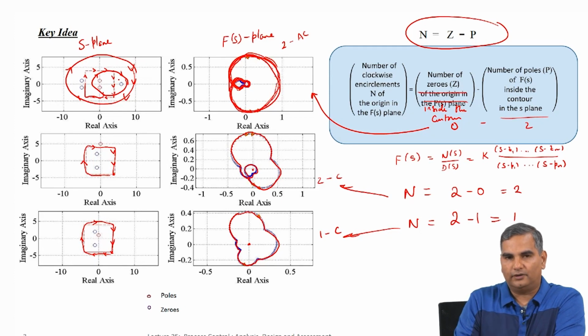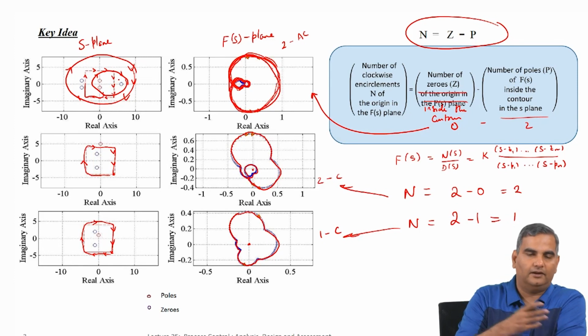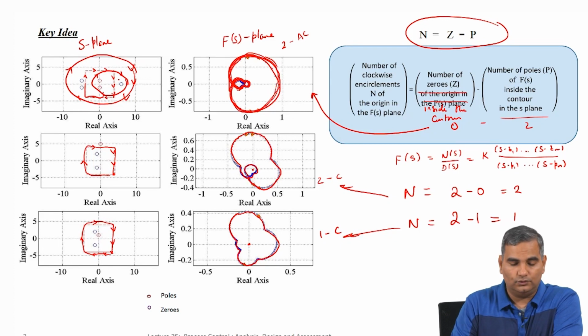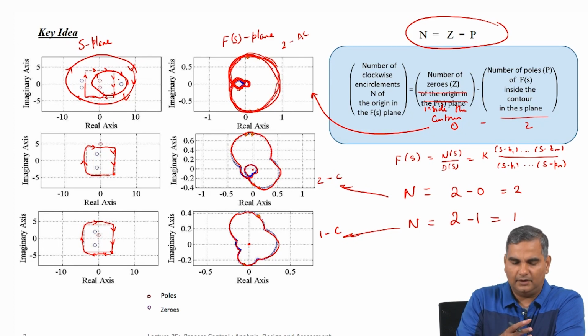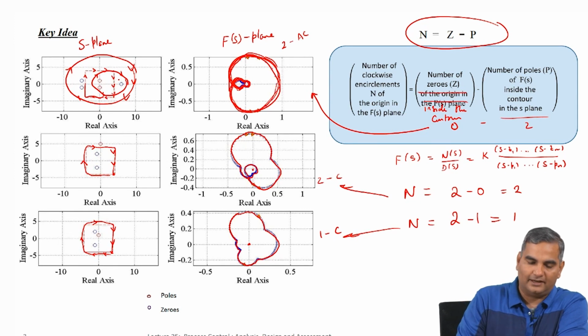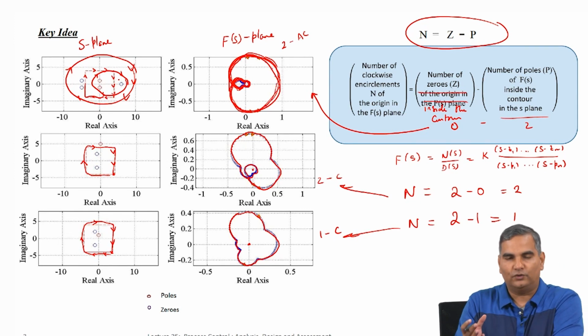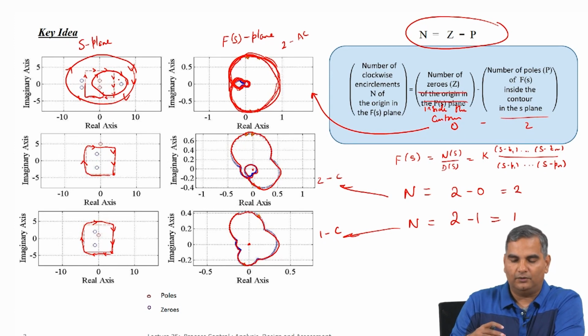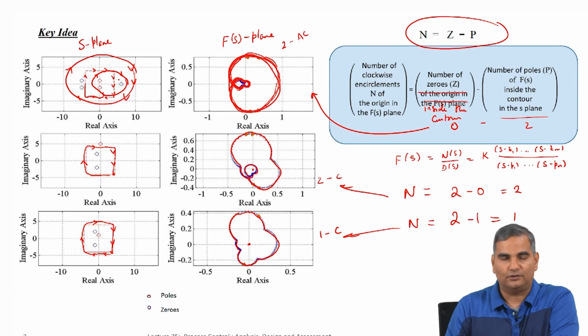All you need to know is how to interpret this, and get the basic ideas as to why there is an s plane and an f of s plane, and how you can guess how many encirclements there will be in the f of s plane based on the contour that we choose in the s plane. These are important ideas that you have to understand. If you understand this picture, and clockwise and anti-clockwise encirclements, inside and outside of the contour, zeros and poles, and why we plot zeros and poles in the s plane and look at contours in the f of s plane, that is good enough.